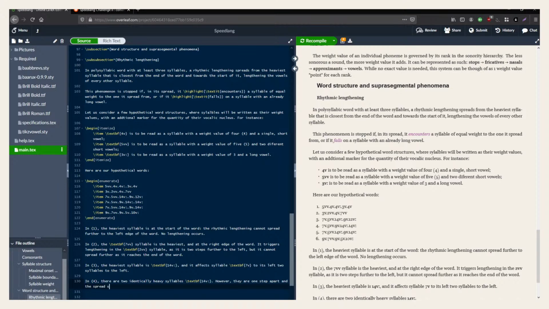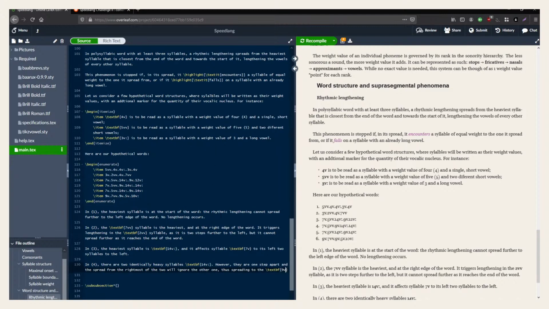And the spread from the rightmost syllable, rightmost of the 2, will ignore the other one, thus spreading to the 9V and 7V. Yes. That's what I wanted to show when I was writing the example.